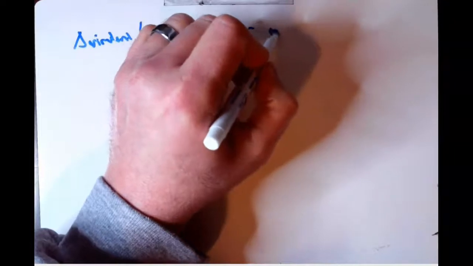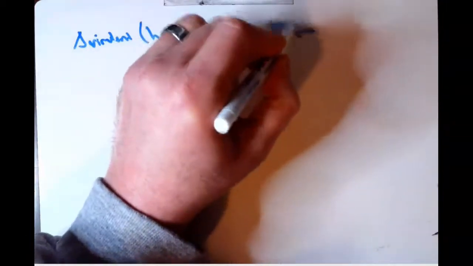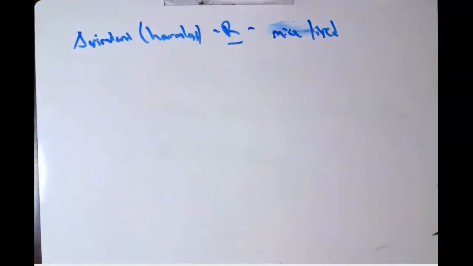And because these were avirulent and harmless, these did not kill mouse cells. So mice lived. Mice could be infected by these R cells. These R cells could take over a mouse and propagate in them, but they didn't cause symptoms. It was an asymptomatic infection, so avirulent, can't cause harm.